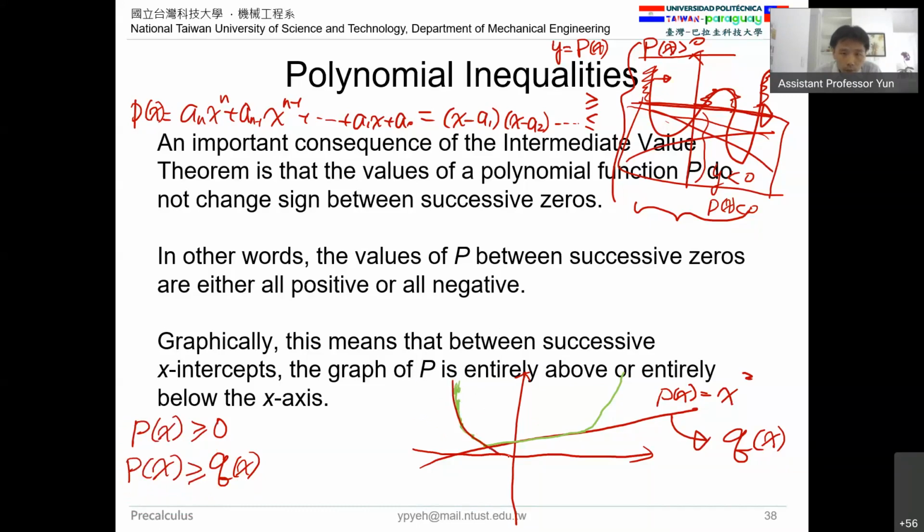Original, this is the p of x, right? So in these regions, this one is p of x, and this one is q of x here, right? So if you are looking for this polynomial inequality when p of x is larger than or equal to q of x, this is the discussion of this region here.